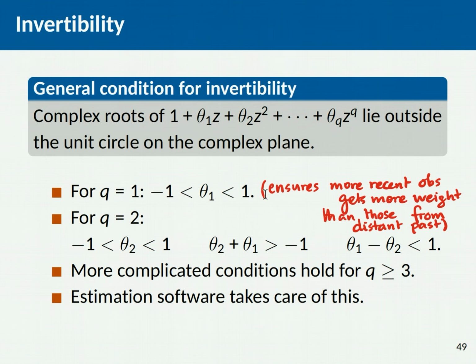What this does is ensure that more recent observations get more weight than those from the distant past. Very similar to what we were doing in the AR representation, we're not giving equal weight to the lagged values, but more weight to recent observations and less weight to those from the distant past. More complicated conditions apply for higher order MA models.